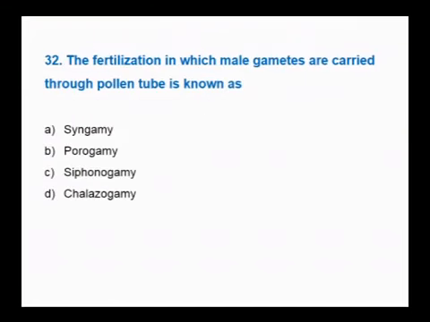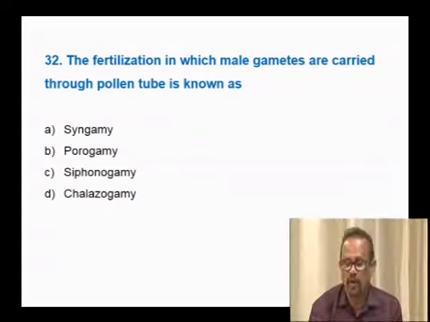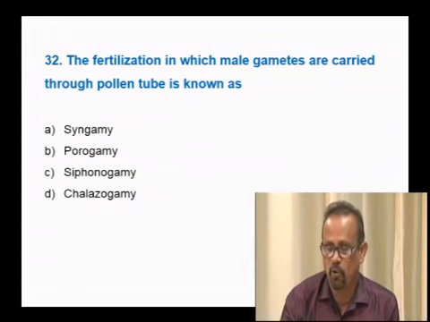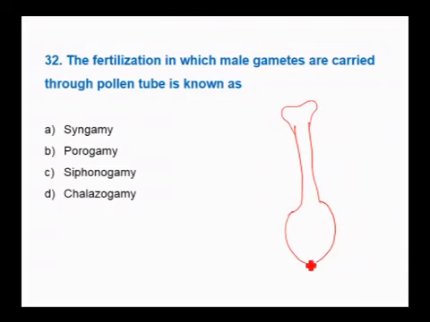Next question: the fertilization in which male gametes are carried through the pollen tube is known as. We have the ovary, style, stigma, and inside the ovary, the ovule with the embryo sac: antipodals, polar nuclei, and the egg cell with the synergids. When the pollen grain falls here, we have the generative cell, vegetative cell, and exine.